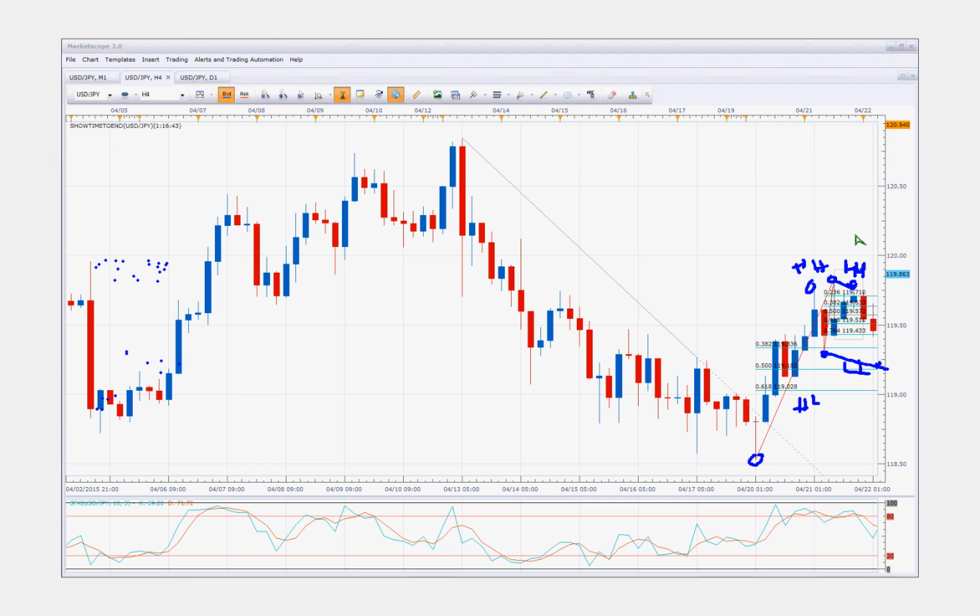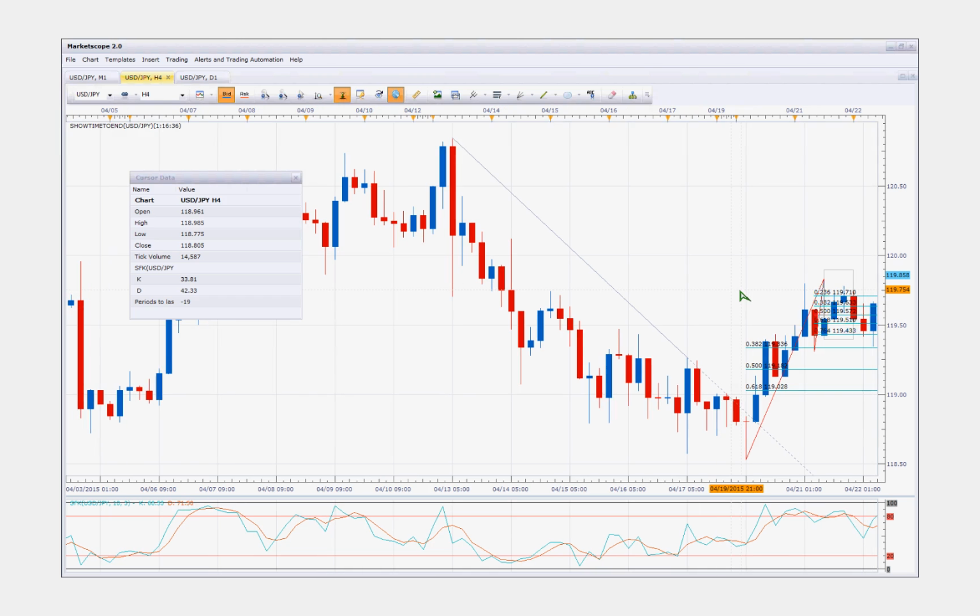Okay, let's move to the next one. Didn't even want to touch a 38.2 as a form of a correction. You're seeing a bullish candle. You have a lower low, but the low is higher compared to that. And you have a very bullish candle to the upside.